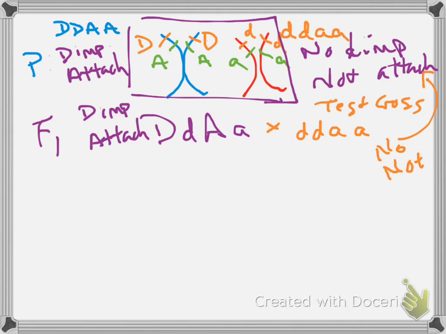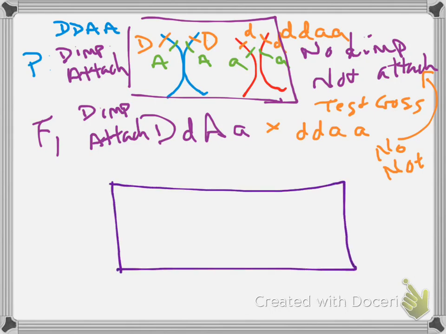Those are the parents. Hang with me. What gametes can parent number 1 make for this F2 generation?